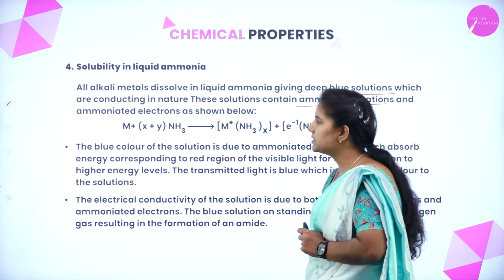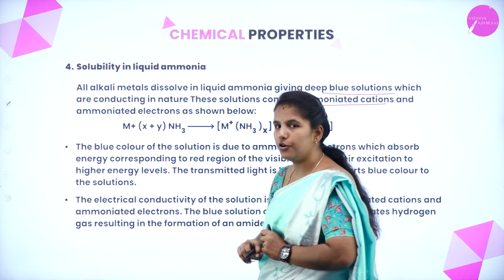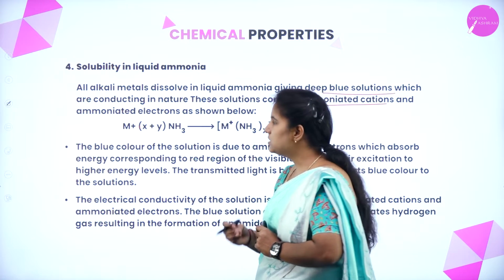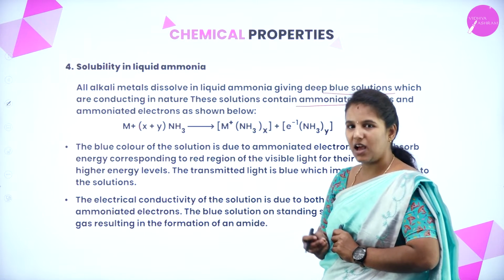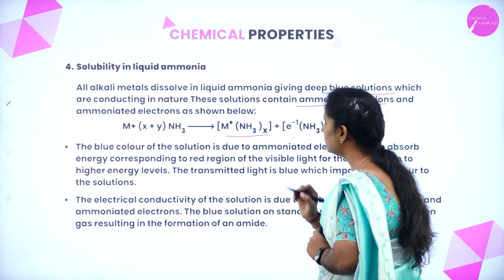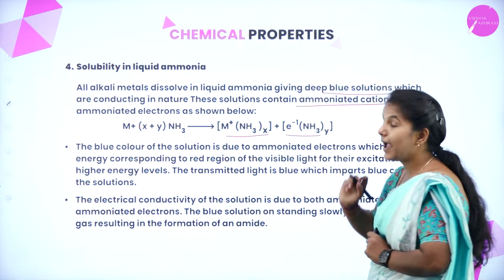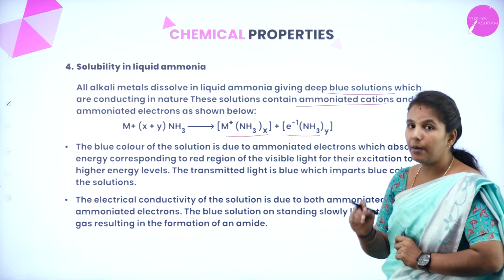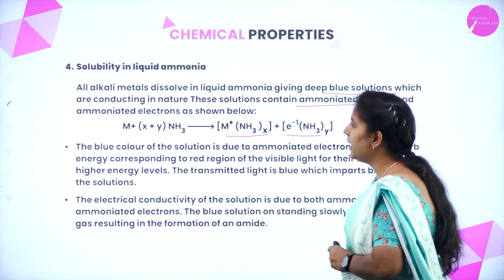Here you can see that when the metal loses its one electron, it gets a plus charge. When it is dissolved in ammonia, it will form what? Ammoniated cations and ammoniated electrons will be formed.